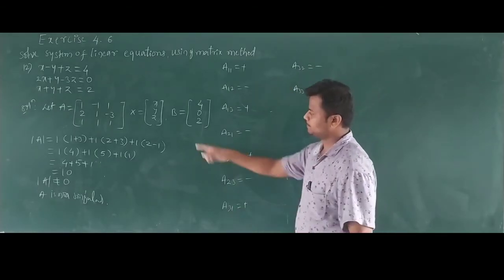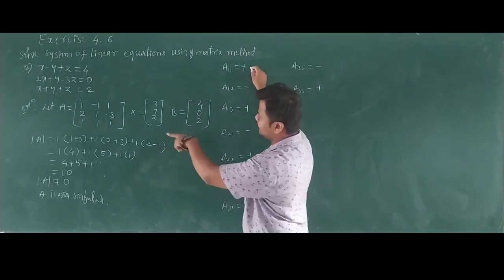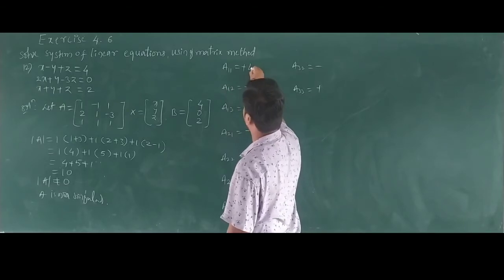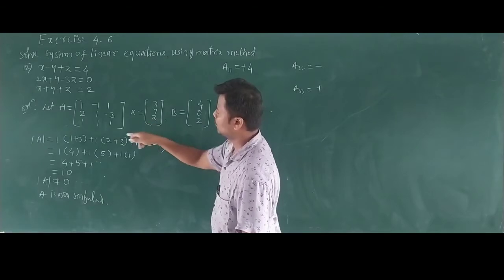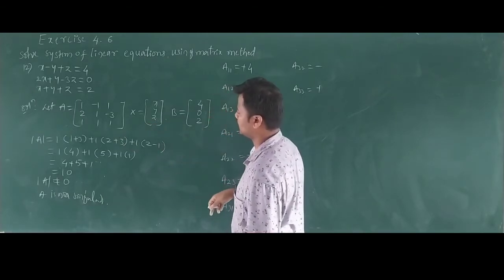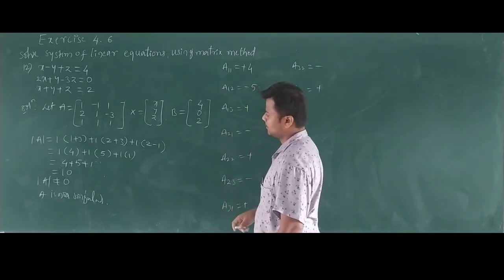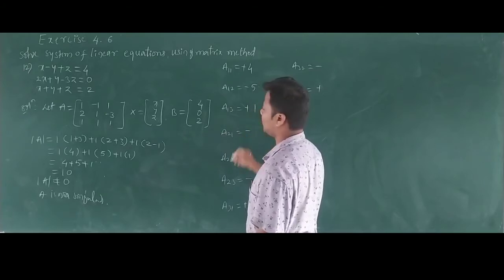Okay. Note here, A11 is 1 minus of minus plus 3, into 4. Next is 2 minus 1, 1.